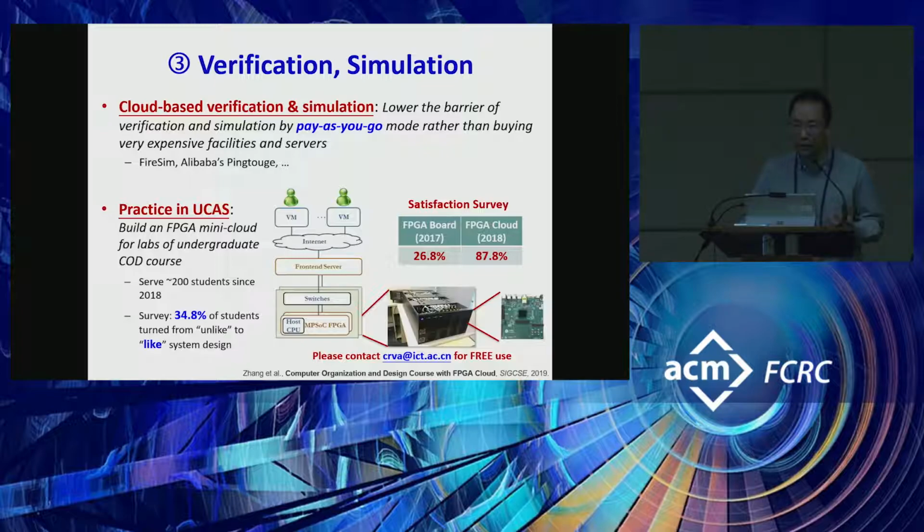So this is a huge change. And about 64% of students turned from disliking system or chip design into liking system or chip design. This actually gives us confidence for the future of cloud-based chip design.